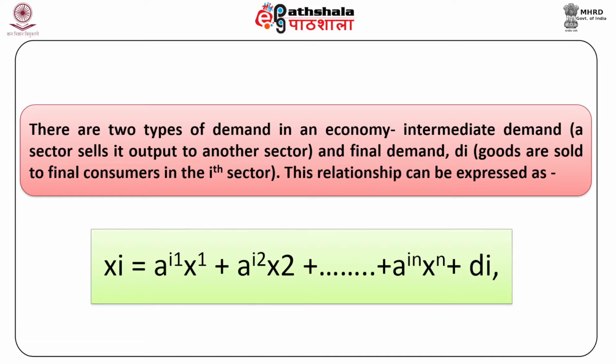Now this relationship can be expressed as xi = ai1 x1 + ai2 x2 + ... + ain xn + Di, representing total output in an economy with the single product equals intermediate product plus final output.